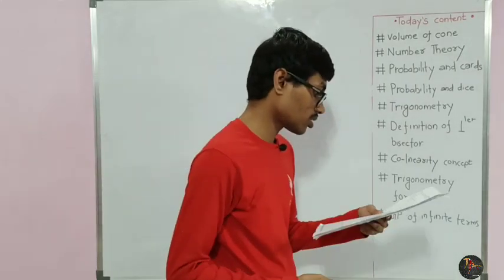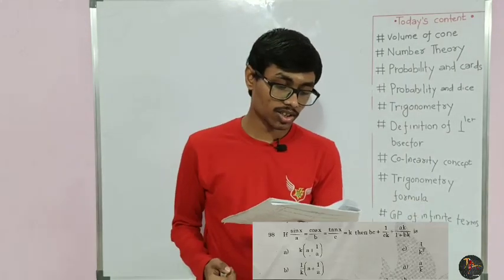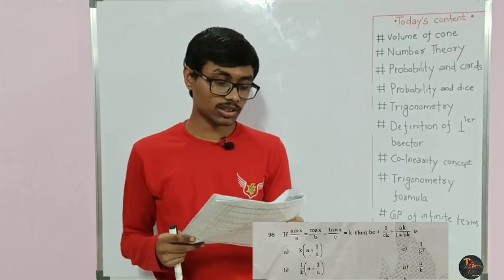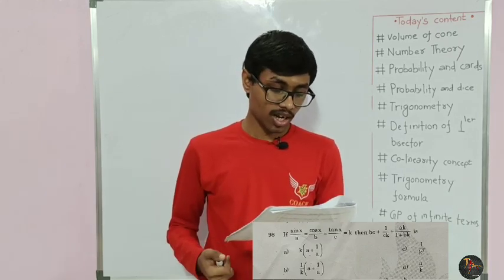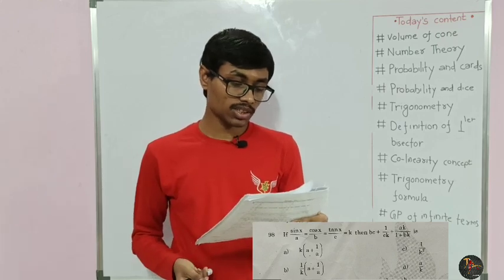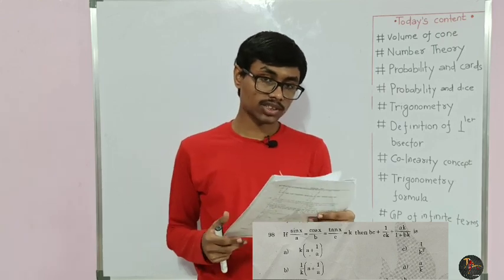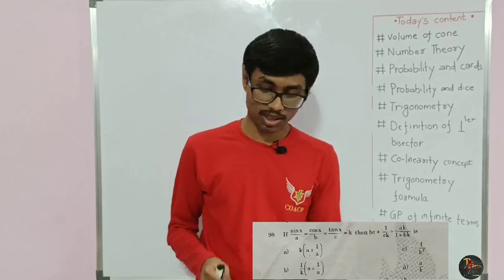Now in the next question, they have given sin x by a is equal to cos x by b is equal to tan x by c is equal to k, and then we have to find the value of bc plus 1 by ck plus ak divided by 1 plus bk.